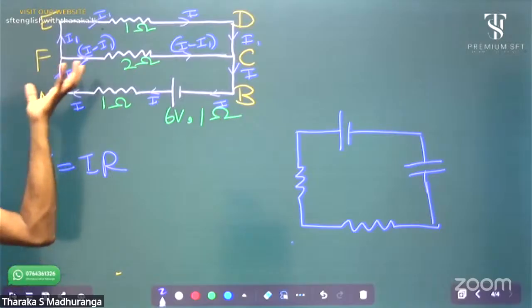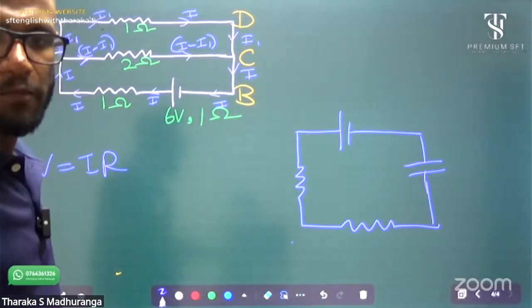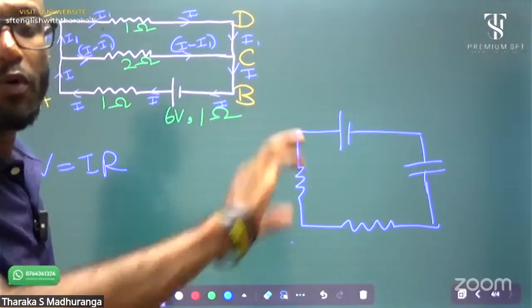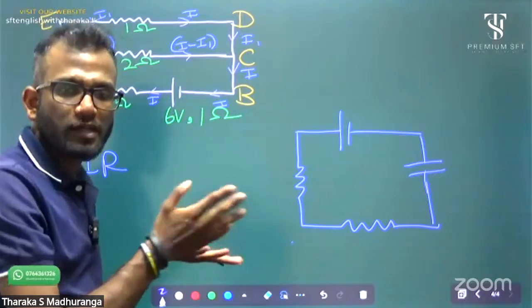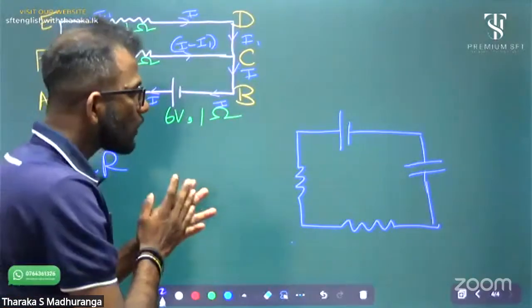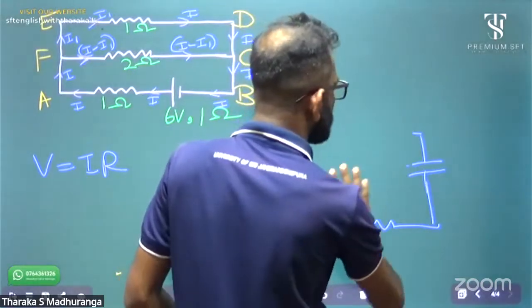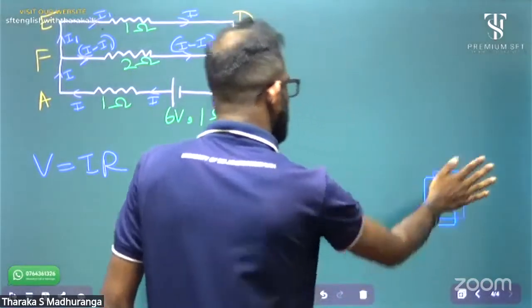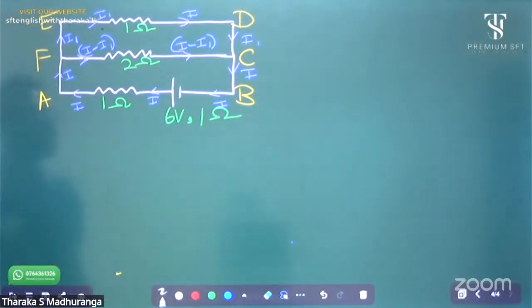Because they are current dividing circuits. Yes. For current dividing circuits, with more than one battery in the same circuit, we can't use Ohm's law. We have to use the combination of Kirchhoff's first and second law. Okay, now we can't use V equal IR.